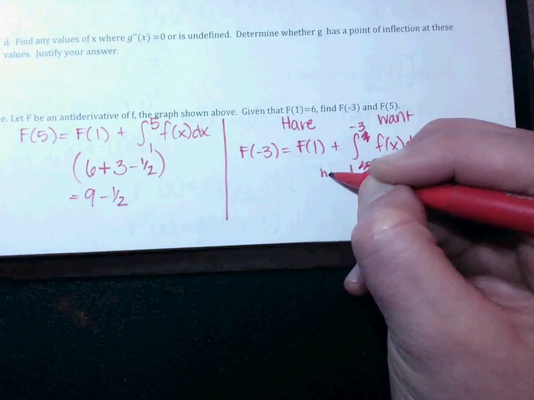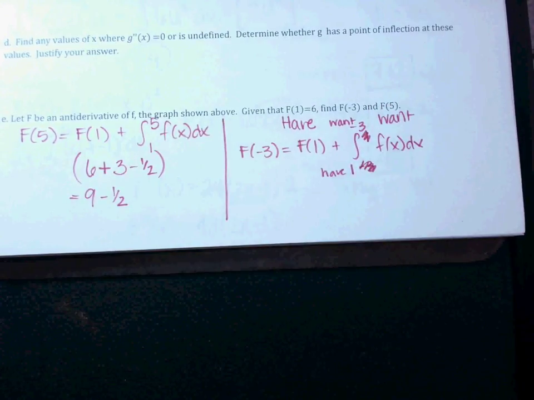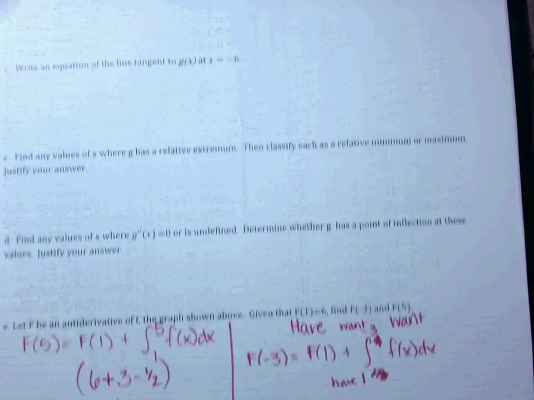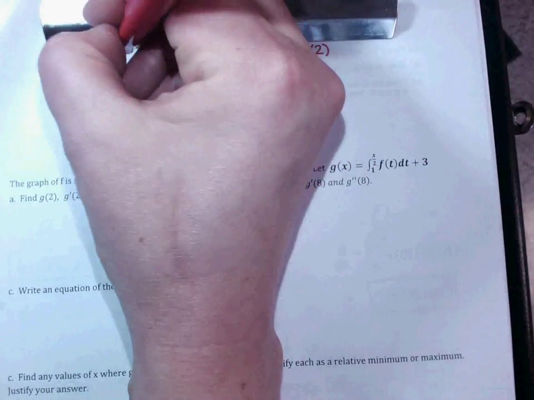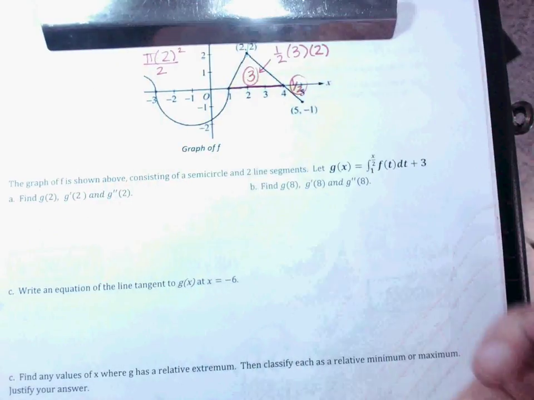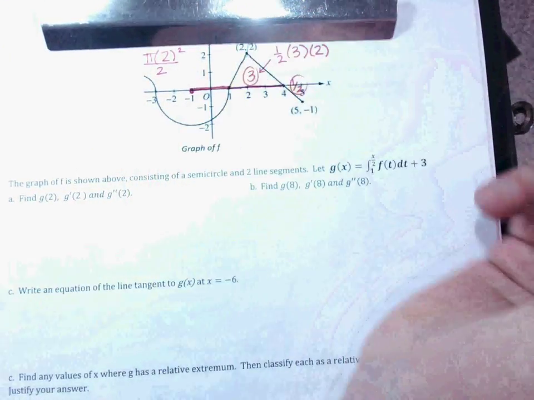Your half should always be on bottom. Your want should always be on top. Then from negative 3 to 1, let's come up to our picture. What shape is that? It's a semicircle. So I do pi r squared, and then cut it in half. My radius is only halfway across my circle, so my radius is a 2.